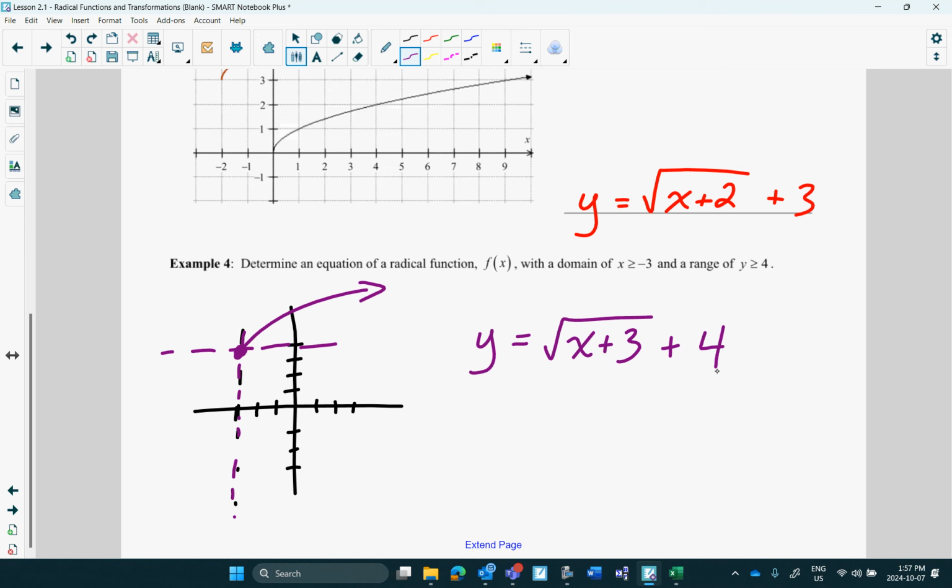Like here, if I said this, what would that one look like? It's still the same starting point, but this is less than -3.